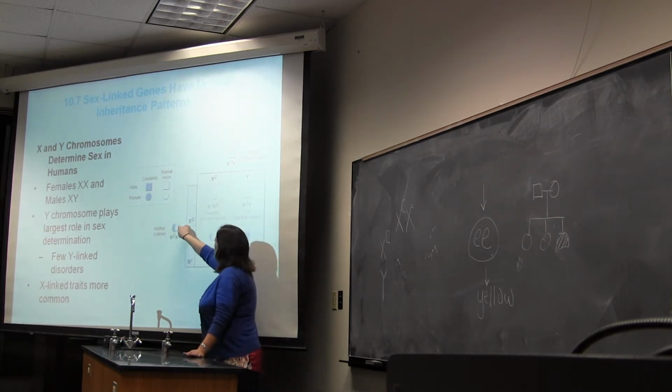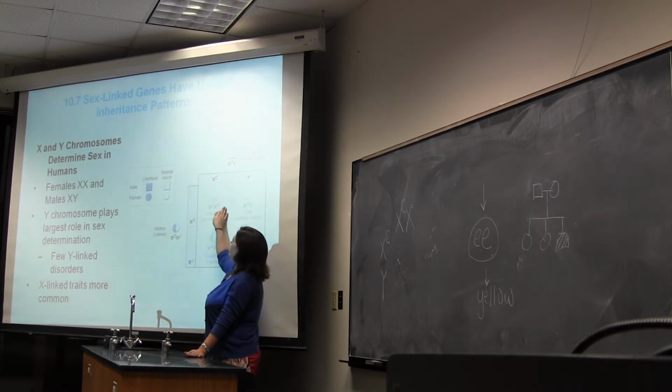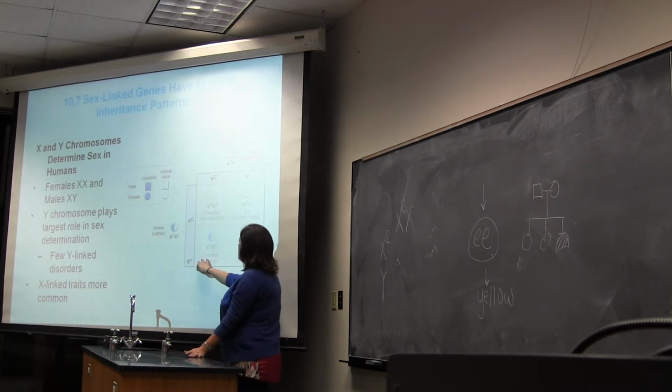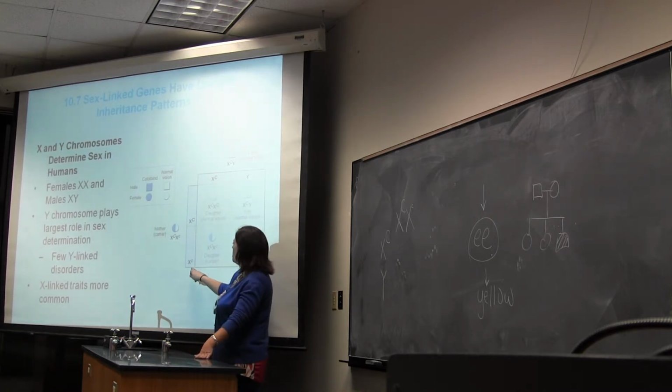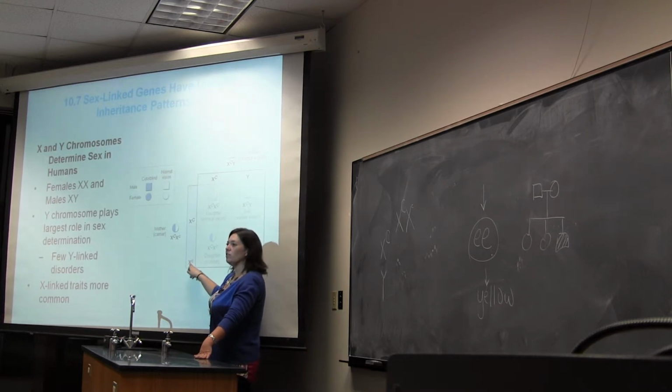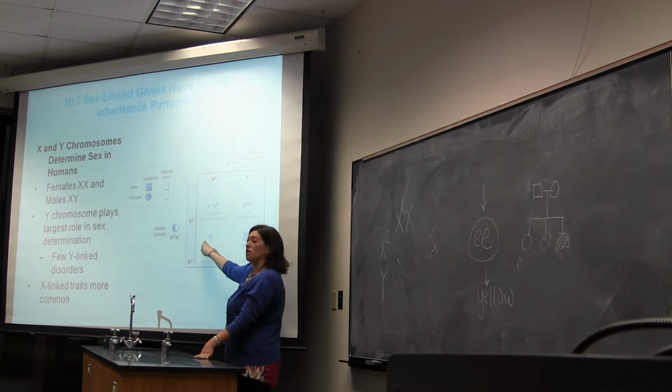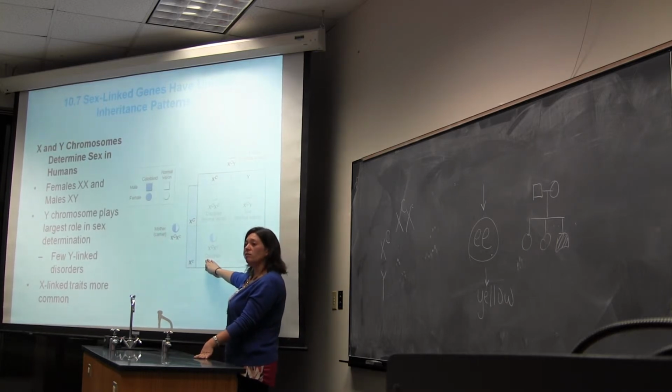Big C and big C is normal vision, no color blindness. If you take the X chromosome with the little c and cross it to the big C, this is going to be a heterozygote. This will also be a carrier, but not affected.